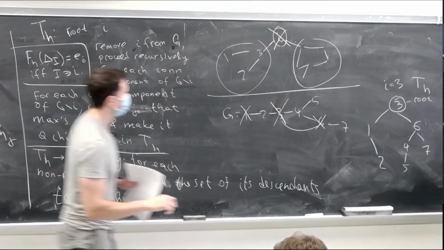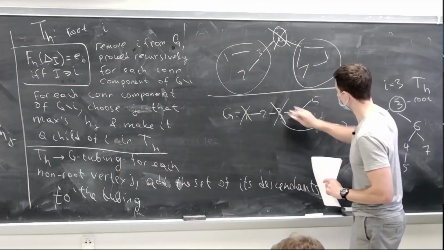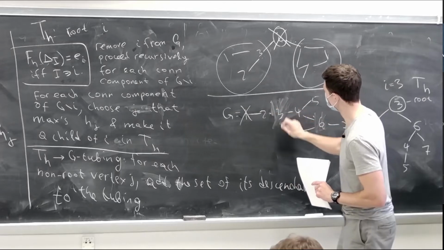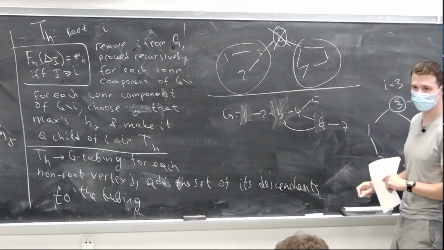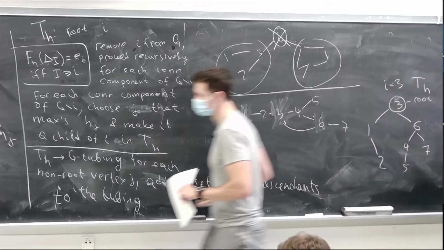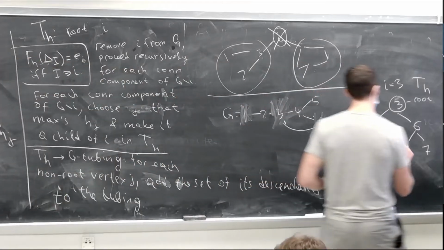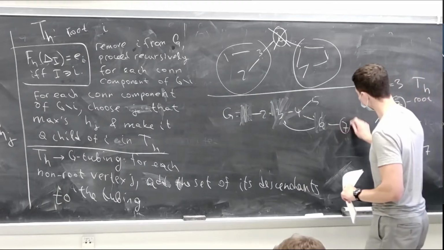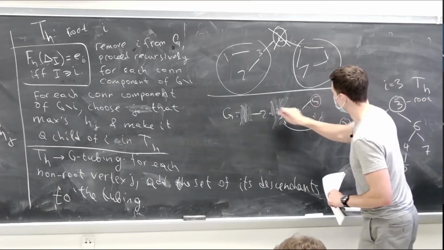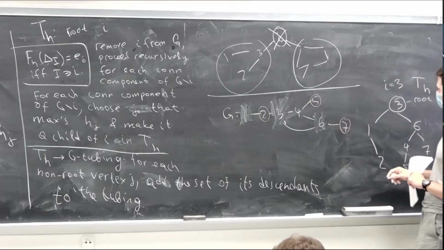For example, let me try to recover my graph. 6, 3, and there is a 1. So what's going to be the tubing in this case? Just 5, just 2, and just 7. Yeah, these are the leaves, so 7, 5, and 2. Okay, what else? 1, 2. Oh, nice.